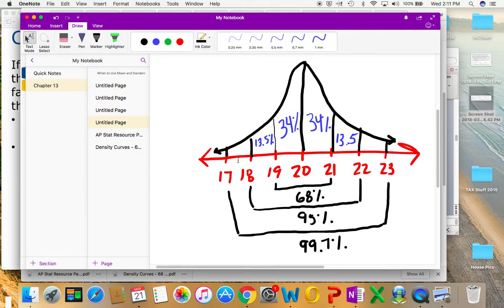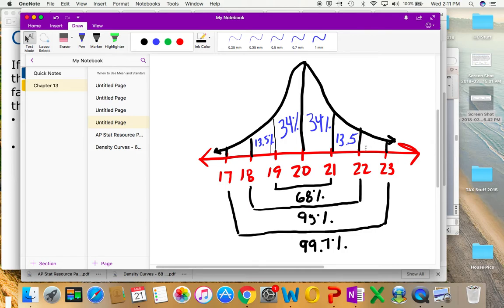Now this section, 17 to 18, 22 to 23. Once again, let's think about what's left over. If from 18 to 22 is 95, I can do 99.7 minus 95, and I'm going to get 4.7%. So I have 4.7% to split up between this section and this section.